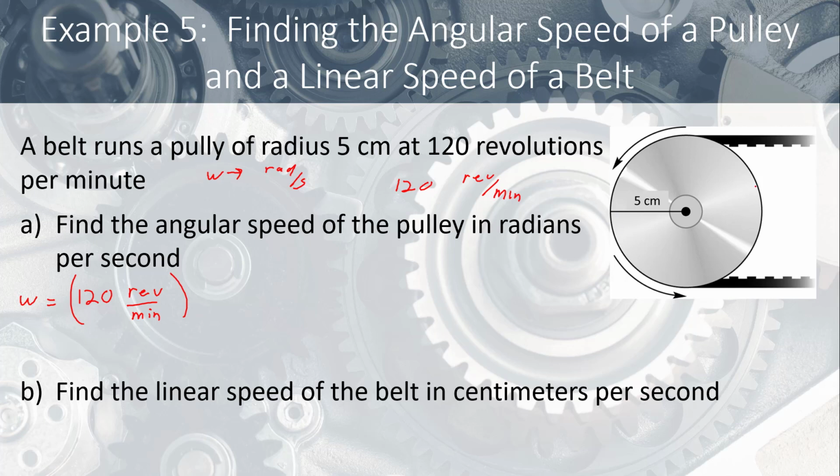In 1 revolution, we have basically an angular displacement of 2 pi radians. All right? And then in 1 minute, we have 60 seconds.